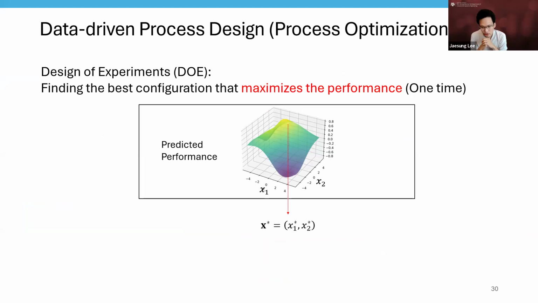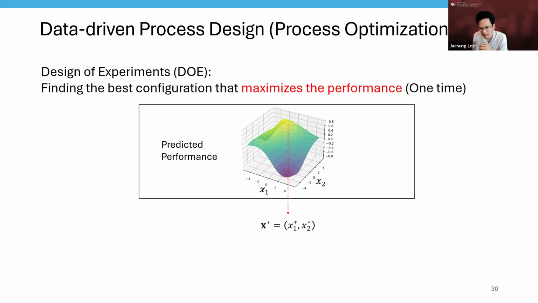One way to achieve the optimal process parameters or the system parameters is by using the design of experiments. It's a conventional classical approach using statistical theories. Basically, you divide the value of the variable. For example, let's say x1 is the speed of the operation, and x2 is the size of the tool. Then you divide each into 5 values.